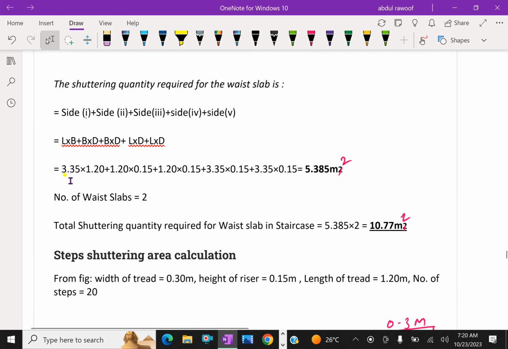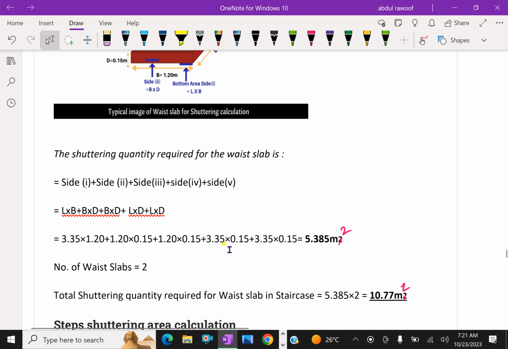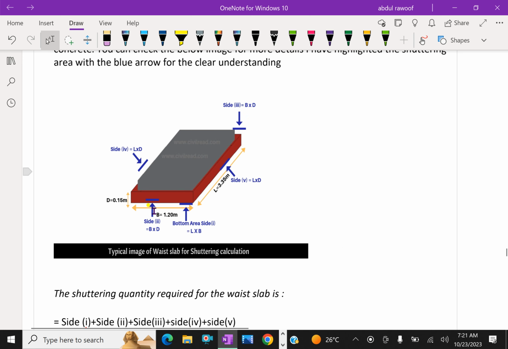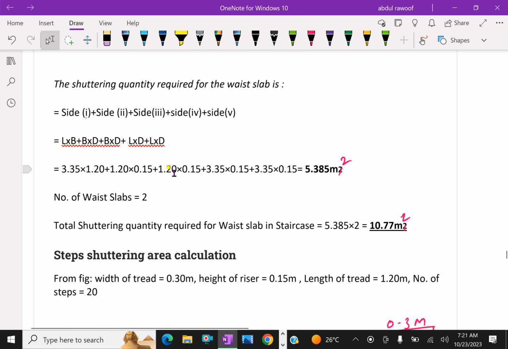Here length and breadth, 3.35 into 1.2. 3.35 into 1.2 is the base area, and 1.2 into 0.15, the same for back, 1.15 into 1.2, this, and that for front and back, left and right, and bottom together gives these areas.